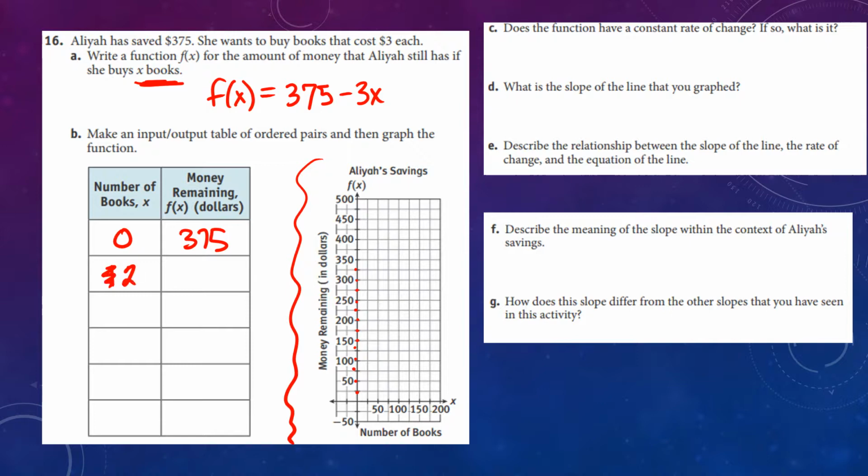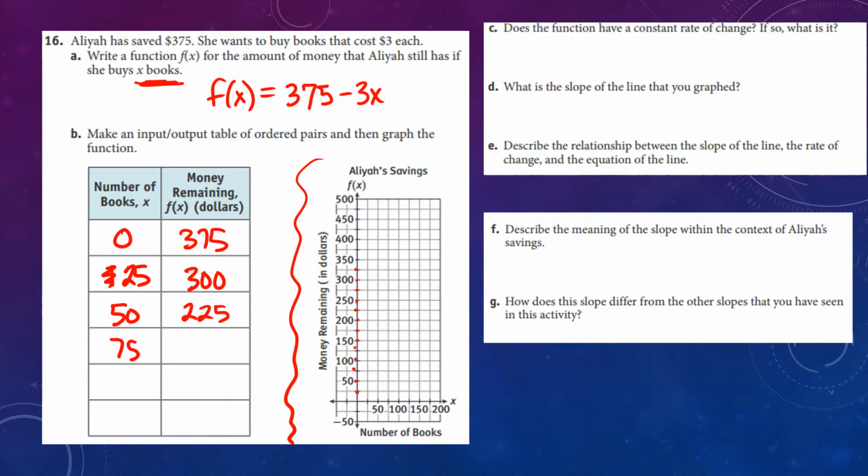So let's say when she buys 25 books, how much money will she have left? Well, they're $3 each, so if she buys 25, she spent $75, so she'll have $300 left. If she buys 50 books, that's going to cost her $150 altogether. So she'd have $225 left, and so on.